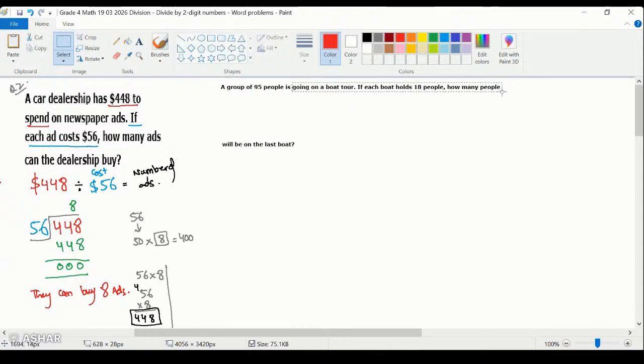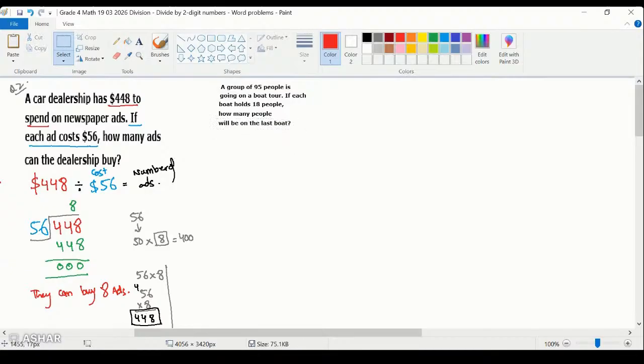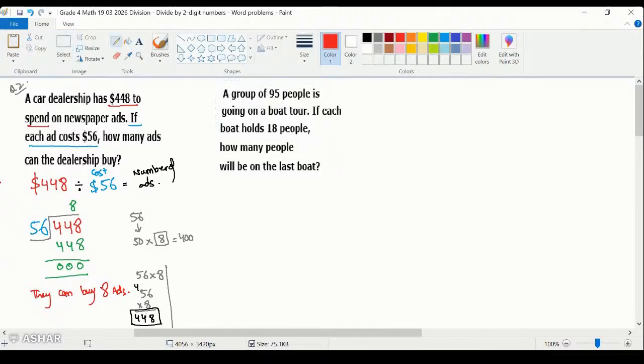If each boat can hold 18 people, how many people will be on the last boat? If the total number of people given to us was 95, each boat can hold 18 people, right?